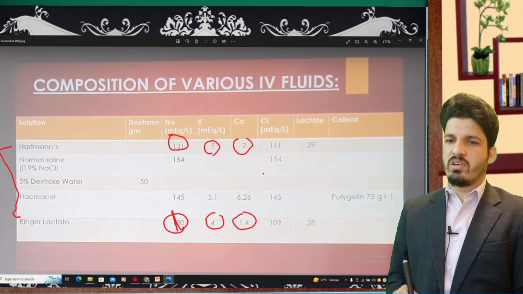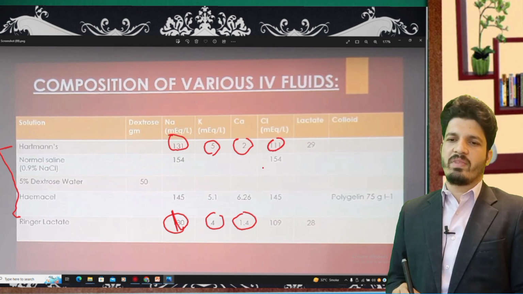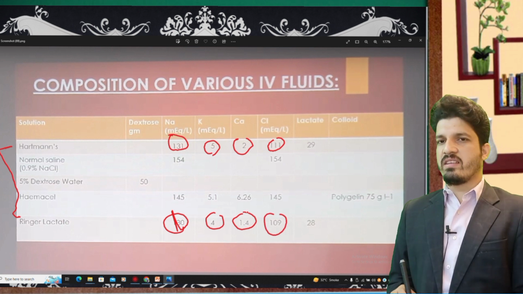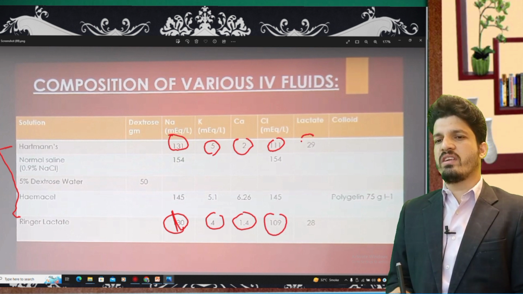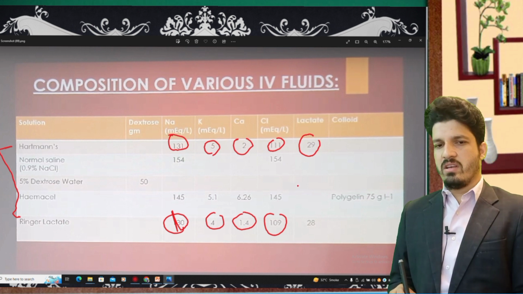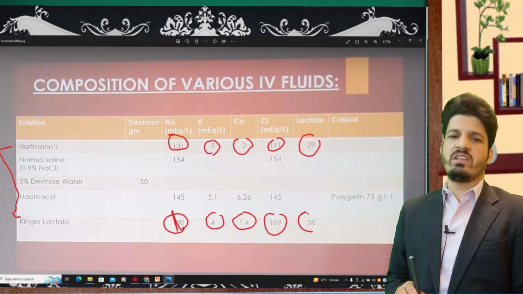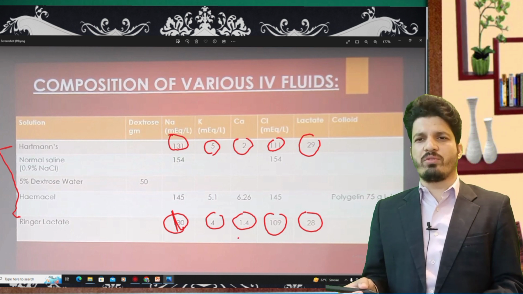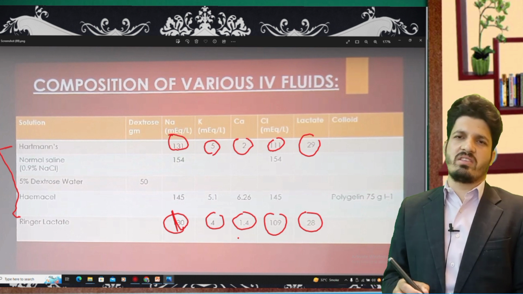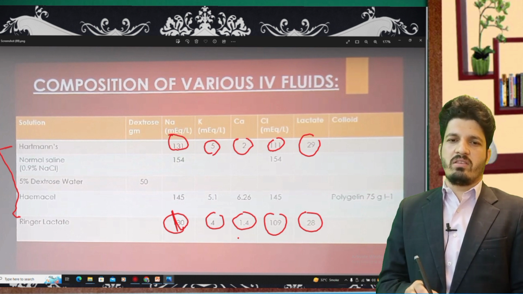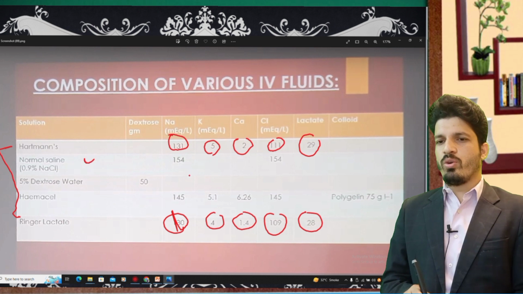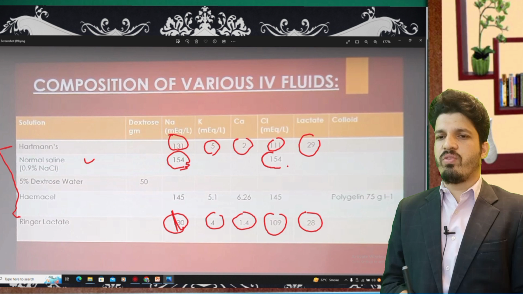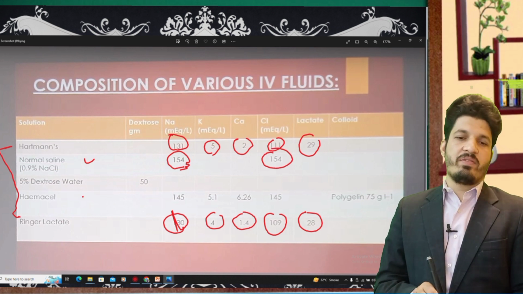Chloride is 111 in the Hartmann and 109 in the Ringer lactate, and lactate is 29 in the Hartmann and 28 in the Ringer lactate. So you can consider these fluids as the same fluid because there is very slight difference in their composition. But in normal saline you will find only 2 things, 154 sodium and 154 chloride, and 5% dextrose.